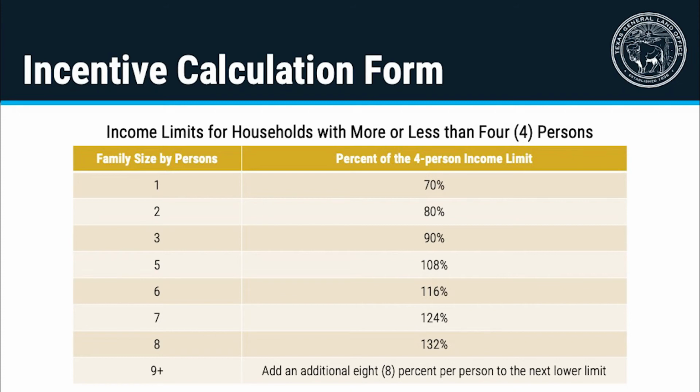In the case of families larger than 8 persons, the income limit can be calculated by adding an additional 8% per person to the next lower limit. For example, a 9-person family income limit is 140%, which is 132% taken from the next lowest income limit plus 8%. The resulting low income limit calculations for other family sizes are then rounded up to the nearest $50 to produce the final income limit.